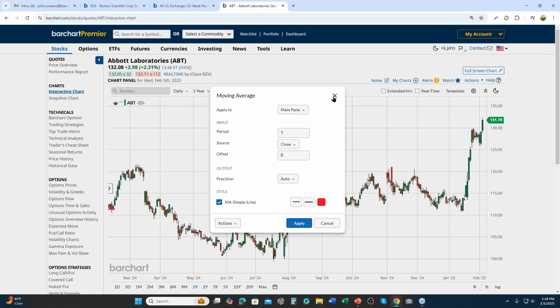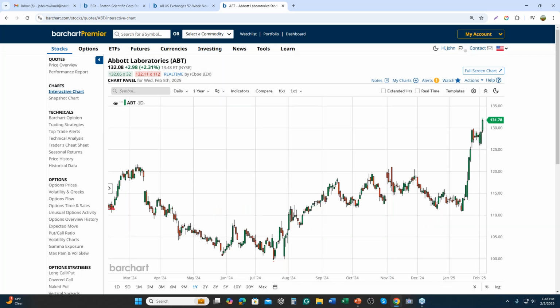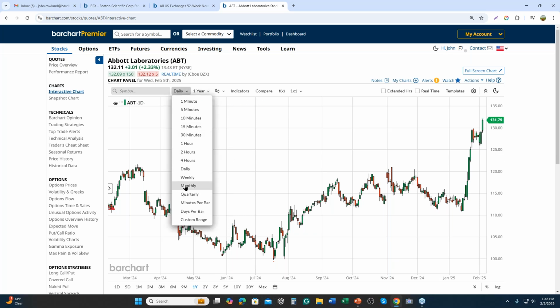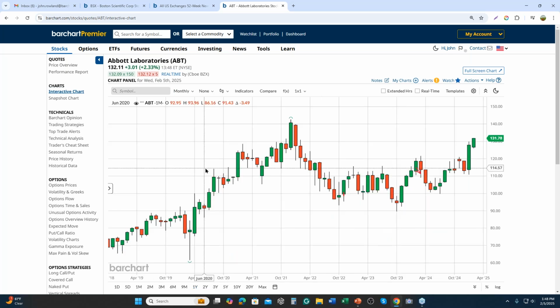But here I'm in a daily chart, so if I set a moving average on a daily chart, I'm going to get a daily moving average. If I want a monthly moving average, I'm going to do it in a monthly chart. But a 10-month moving average, if you think about it, there are about 20 trading days in a month, so that's really closer to a 200-day moving average.